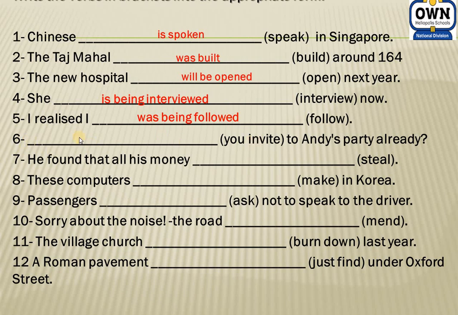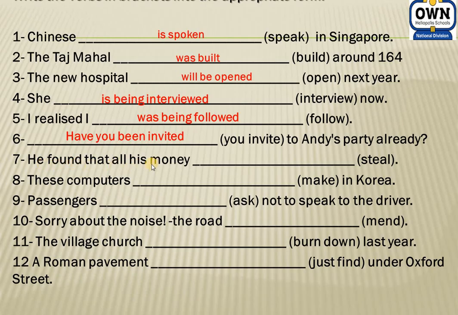Number 6 is a question. As you see, this is a question mark. You invite to Andy's party already. So the answer is: have you been invited to Andy's party already? Already signals the present perfect. Number 7.